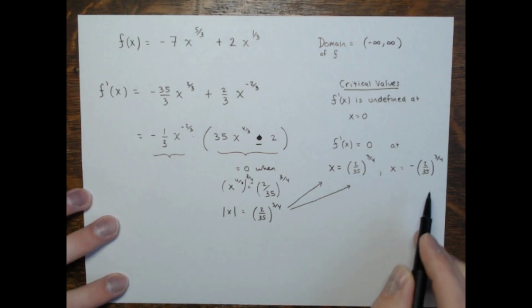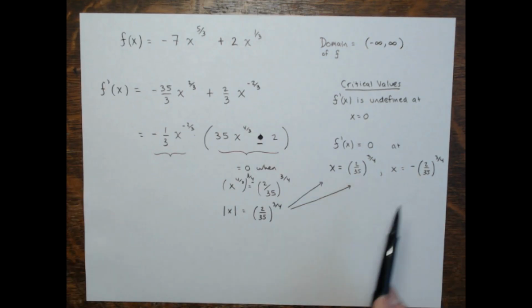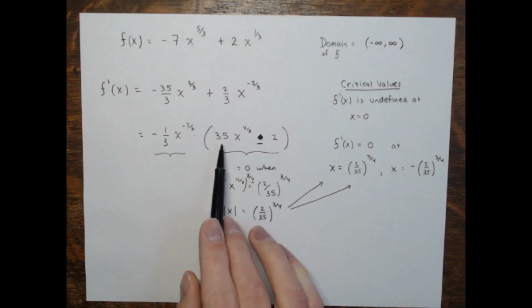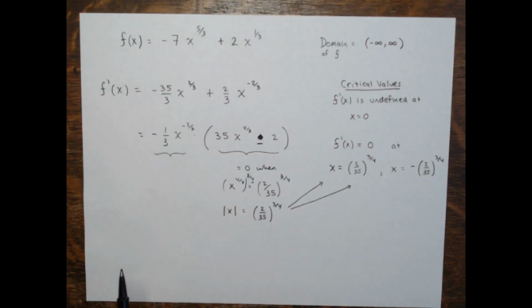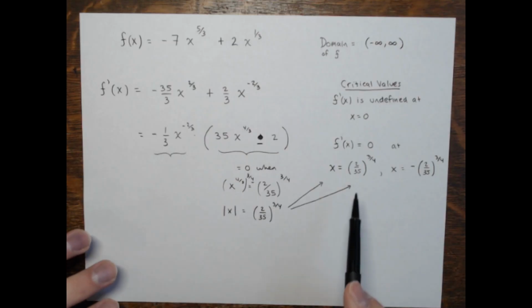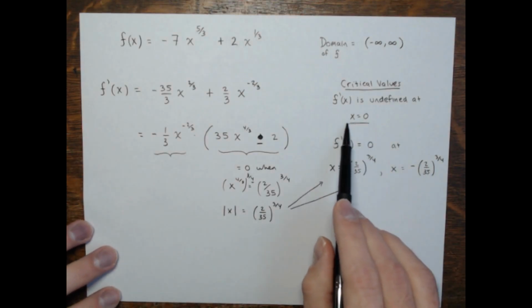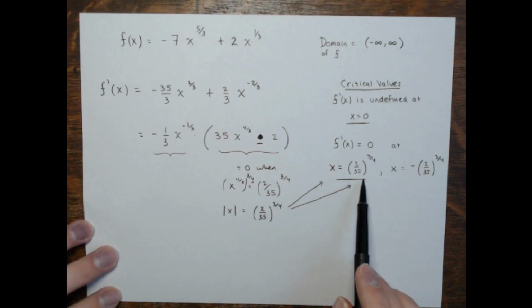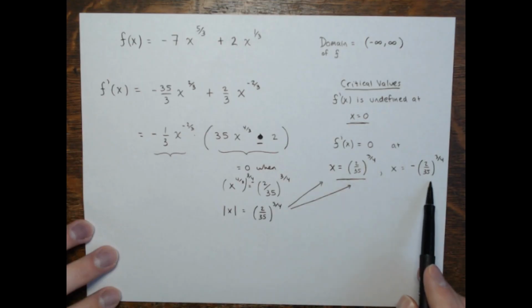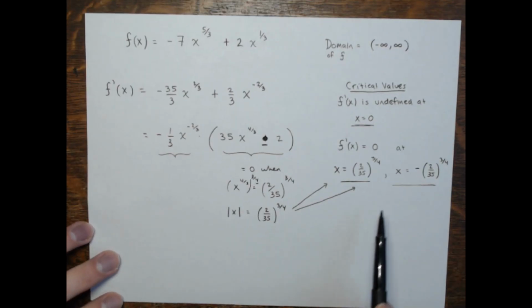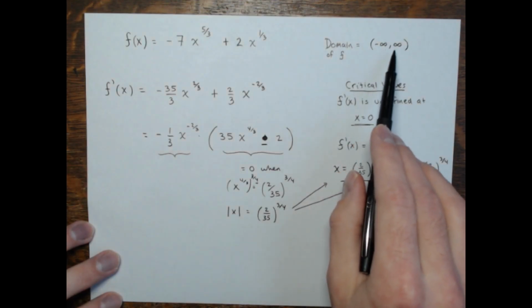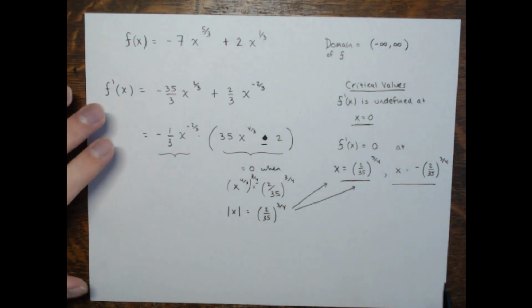All right, so again, those are not nice values, but these are the values where my first derivative is equal to 0. All right, and every single one of these, 0, this positive 2/35 to the 3/4, this negative, the opposite of 2/35 to the 3/4, all these are real, so they're in my domain.